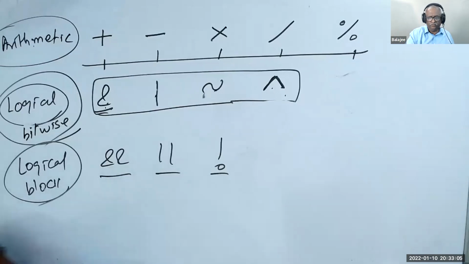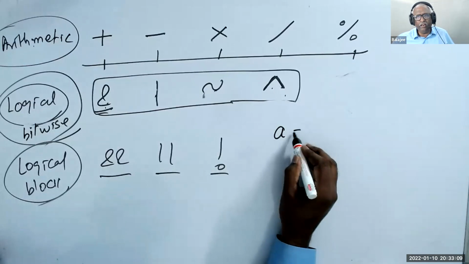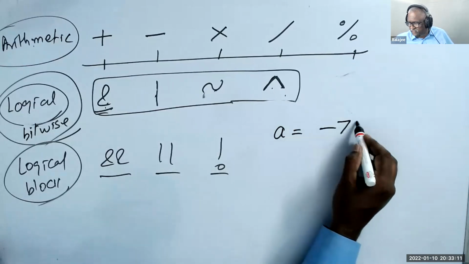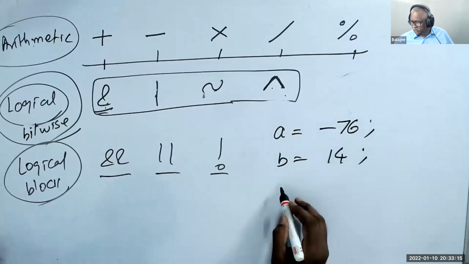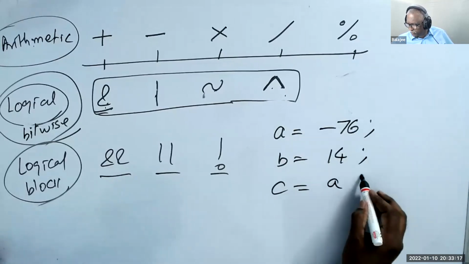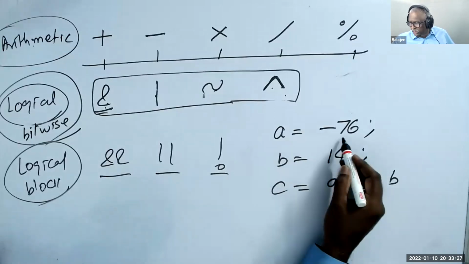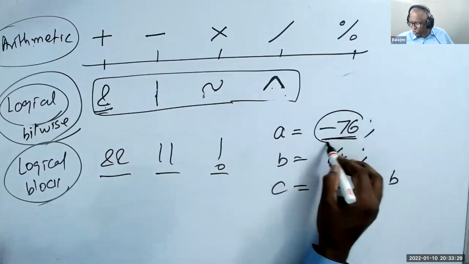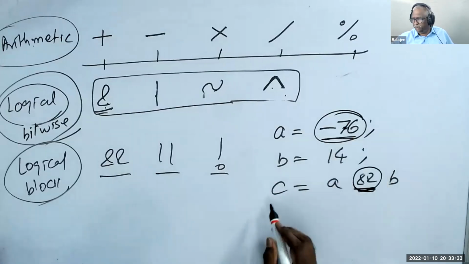So let me tell you a very important thing. This is a trick. If you say A equal to minus 76, B equal to 14, C is equal to A double and B. See that, A double and B. You don't have to worry about the values. This is non-zero because I put double and, that means true.